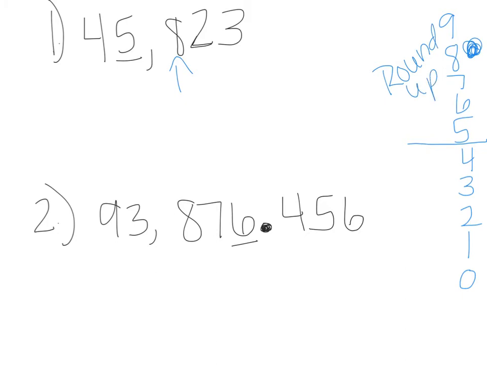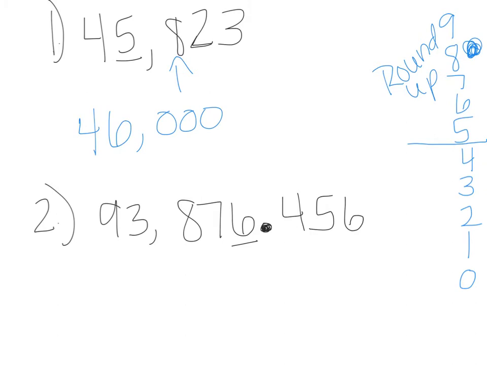So my 5 is now going to become a 6 because that's 1 bigger than 5, and then all the rest of the digits are going to be 0. Okay, so 45,823 rounds to 46,000 when I'm looking at the thousandth spot.